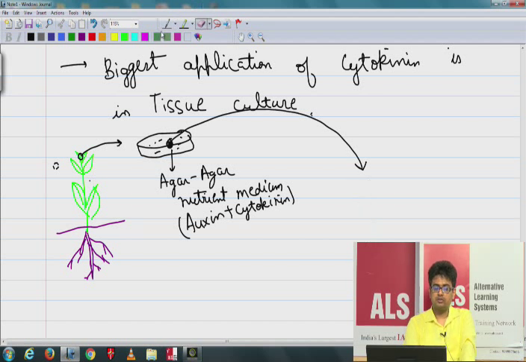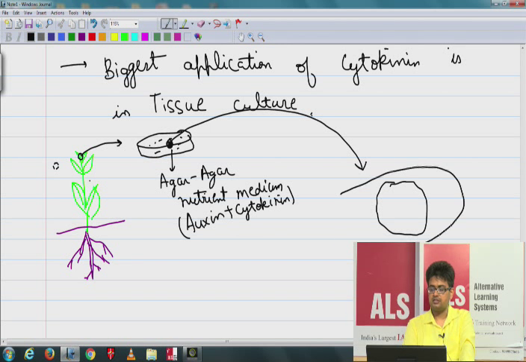If you allow this tissue sample to grow, then after some time you can see that this tissue sample, which was small in size, has grown large in size. It has suddenly increased in size. This increased tissue sample is called callus.